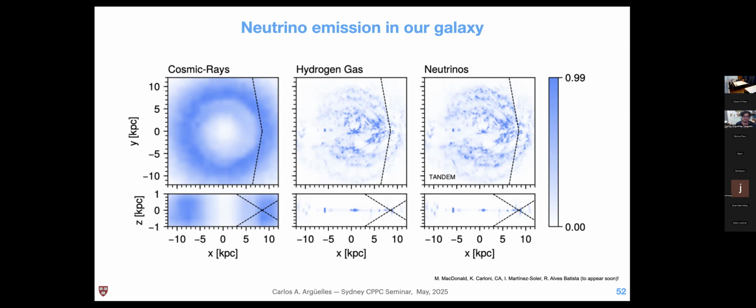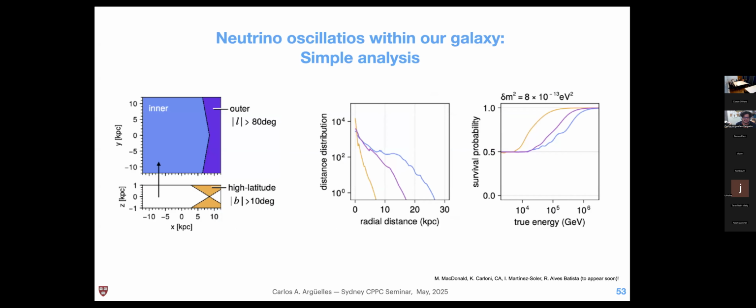And then what you do is you multiply these two together, and you end up with the distribution of neutrinos within our galaxy. And so then what you can do is look for oscillations on these scales. In this, we did a very simple analysis where we divide the galaxy into these pieces: the inner part, the outer part, and the high latitude and low latitude.